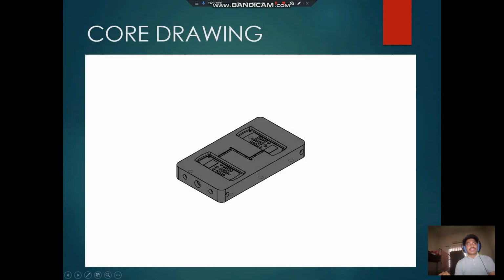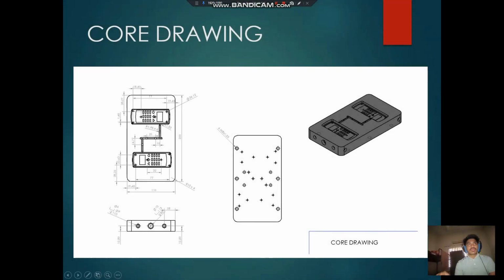Next, this is a core drawing for this model. The length of this core is 200, and the width is 110 millimeter, and the thickness is 25. For this core, there are many holes for the injector pin.